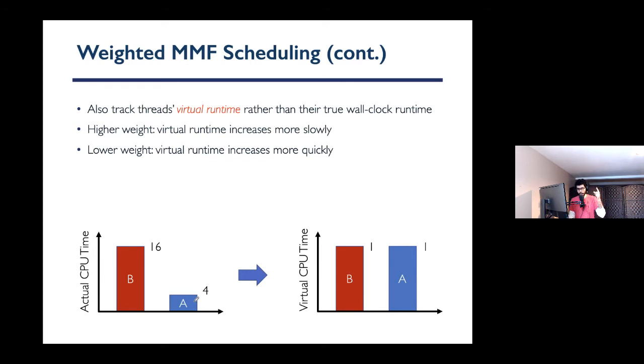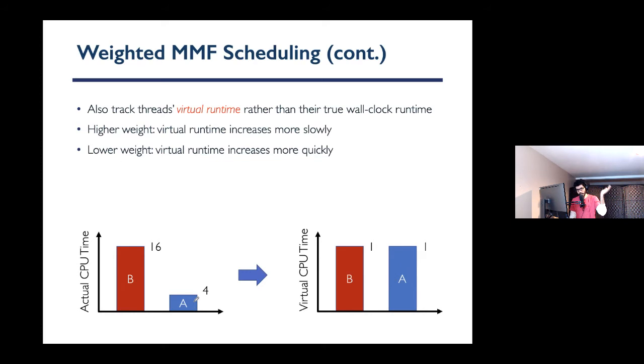So to summarize, what we did for fairness, for adding weights and priorities, we did two things. First of all, we made time quantum length thread dependent by adding the weights into the equations. The second thing we did, instead of looking at actual time when we do max-min, we look at virtual runtime, which is the actual time divided by weights.